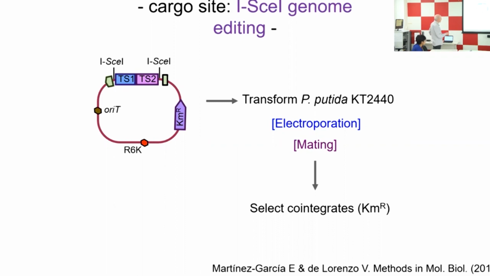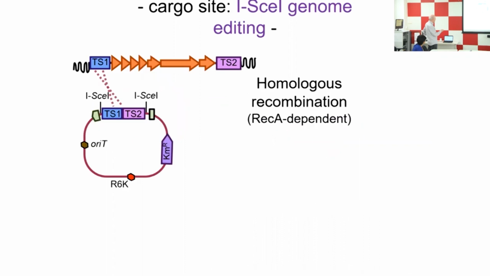And then what happens is, whether you introduce this plasmid through electroporation or through mating or conjugation, at the end, if you select for kanamycin, then you are selecting for formation of cointegrates. So why is that? Because the only way this plasmid can survive inside the target bacterium is by integration of this plasmid through homologous recombination, either through this site or through this other site there.